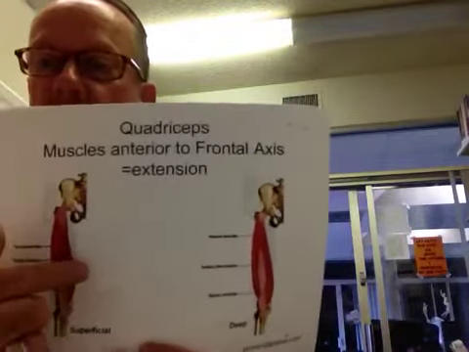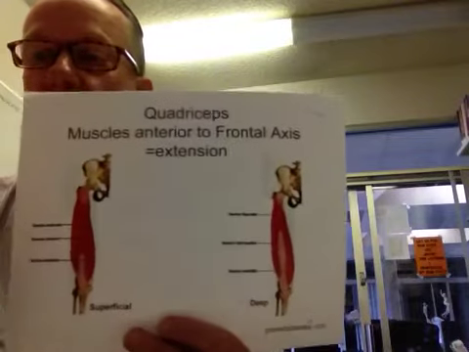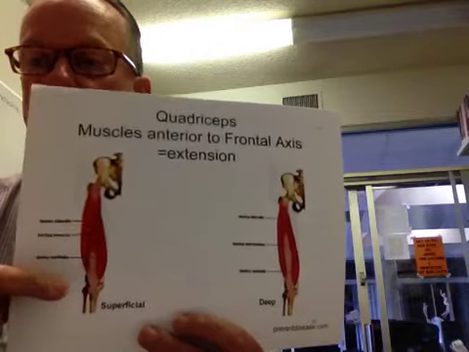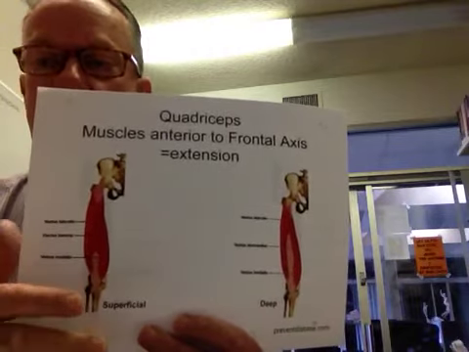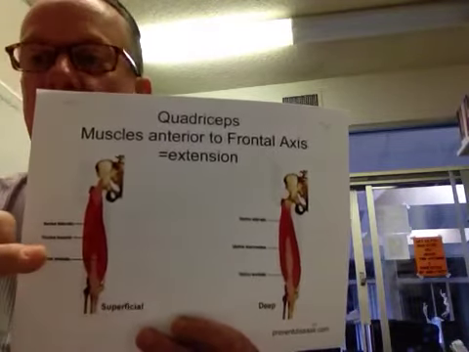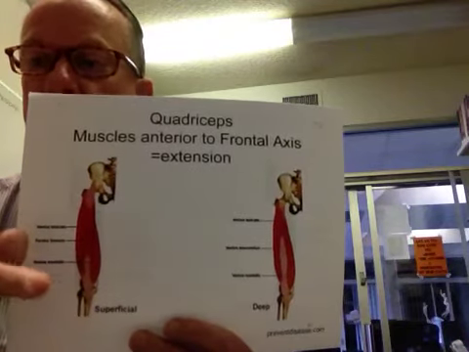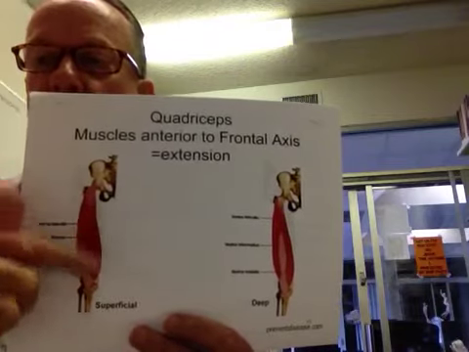All right, and then the muscles. The muscles of extension obviously are the quads, and because these muscles pass anterior to the frontal axis, in an open chain, the tibia moves into extension on the femur.